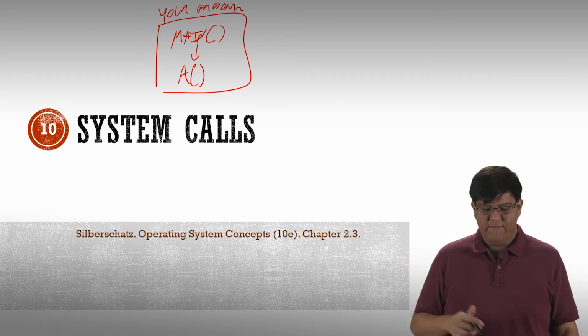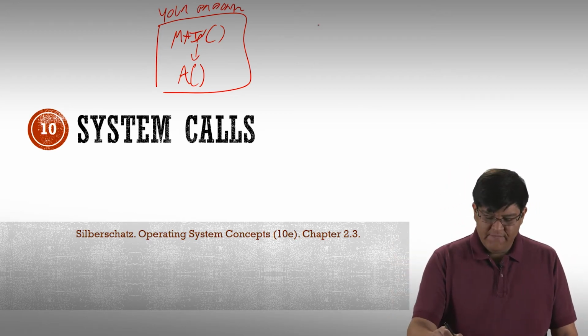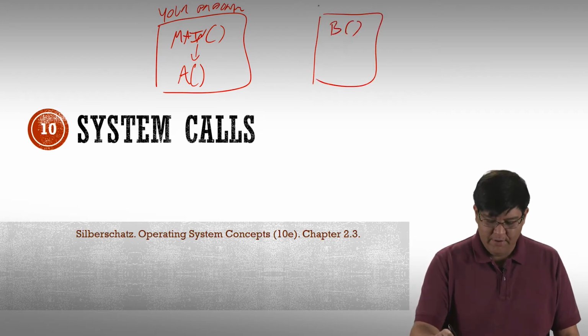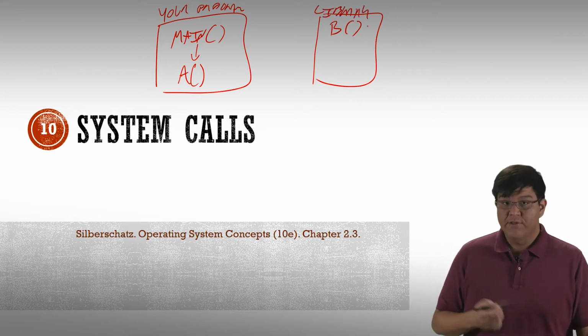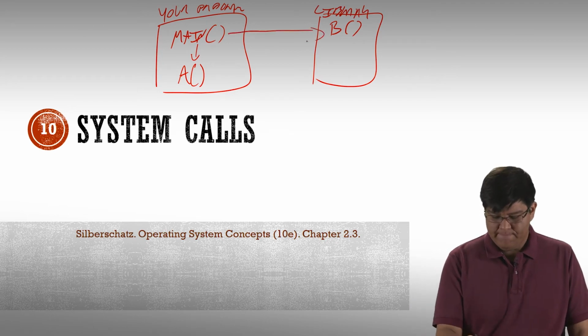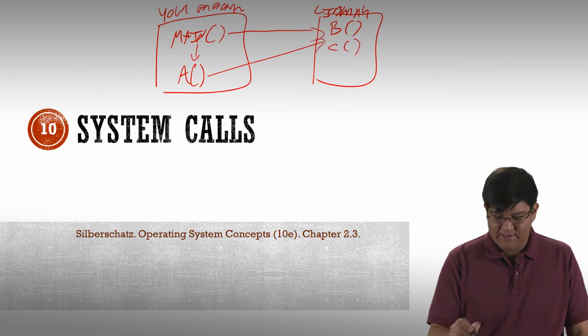That's fine, good stuff. And then you also have maybe the idea of a library. Say this library has function B. This is a library over here. And you could also basically call from your program to the library. Okay, maybe main calls B, maybe you have another one over here called C, and maybe A calls C.